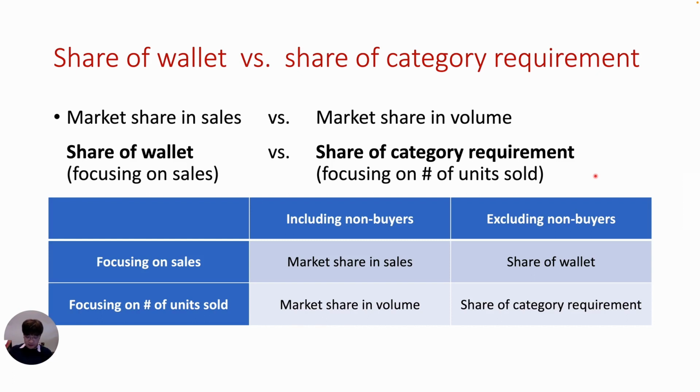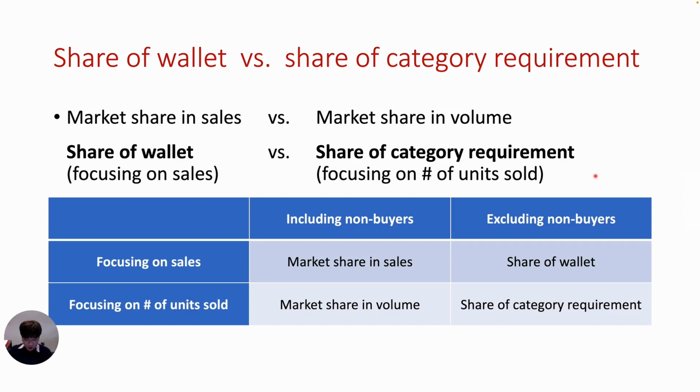This table simply summarizes those four metrics. Market share includes non-buyers of a brand. When focusing on sales values, we have market share in sales or sales shares. When focusing on the number of units sold, we have market share in volume or volume share.